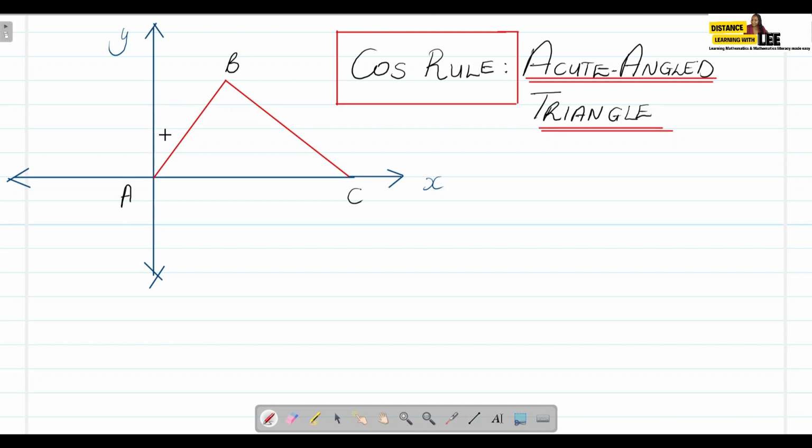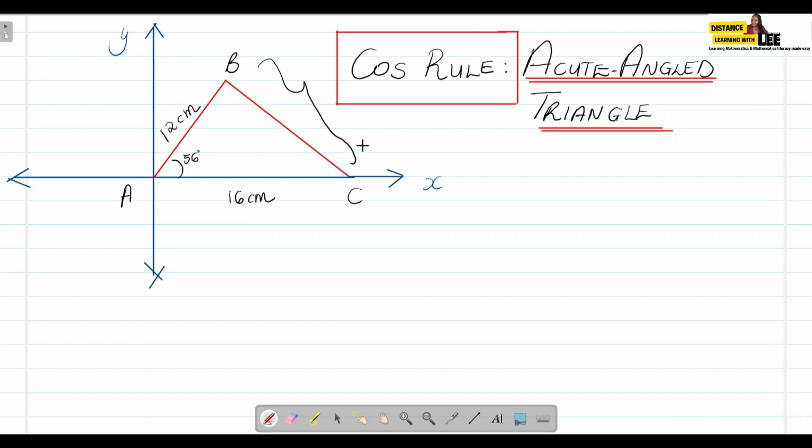Let's say you're given this side as 12 centimeters, and this side is also given and it's 16, and you're given this angle as, for example, 56 degrees. Say they asked you to calculate the length of BC.